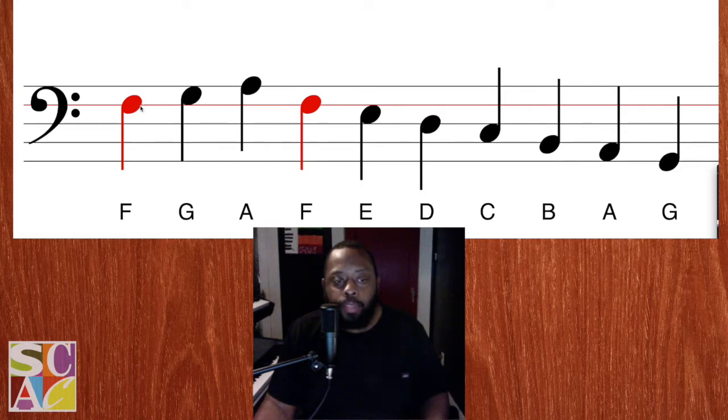So let's go back to F. And now let's keep going down. E, D, C, B, A, then G. And the same ledger lines that are used in the treble clef also apply to the bass clef.